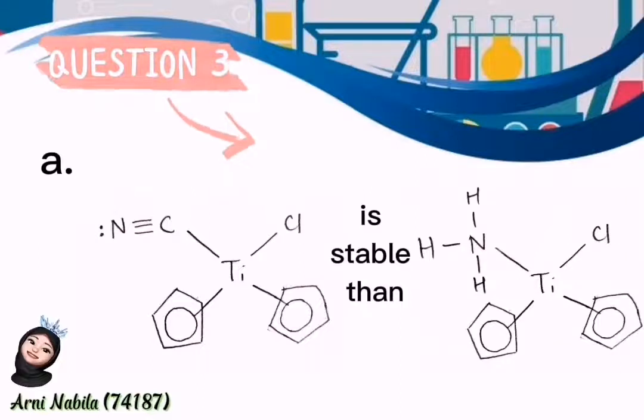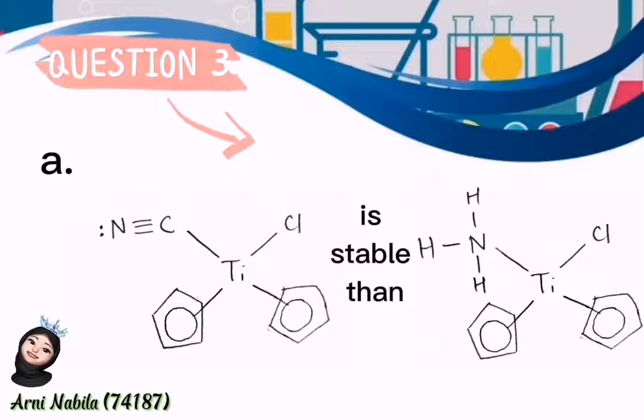For question 3a, bicyclopentadiene chlorocyano-titanium is more stable than bicyclopentadiene chloroamine titanium chlorine because CN can accept electrons from titanium via backbonding and form a sigma bond with its metal center, which is titanium.